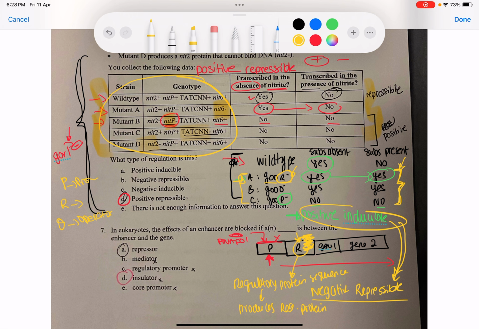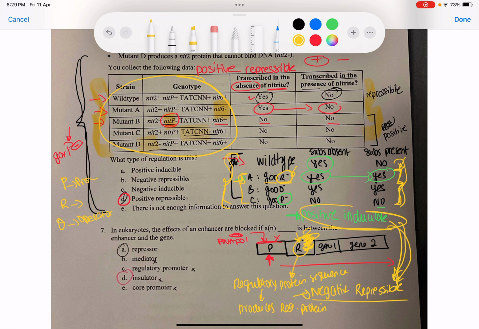But in this condition right here, we had a mutation at the R sequence, so what I'm seeing in the table is the opposite of what my regulatory protein normally does. So I use my method, but whatever I get, I flip it. R was broken, so it's doing the opposite, and that's why negative repressible is the right answer.